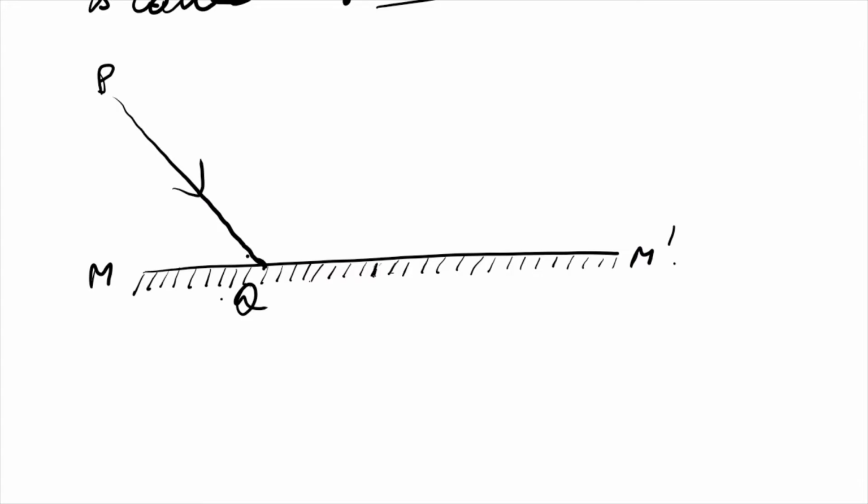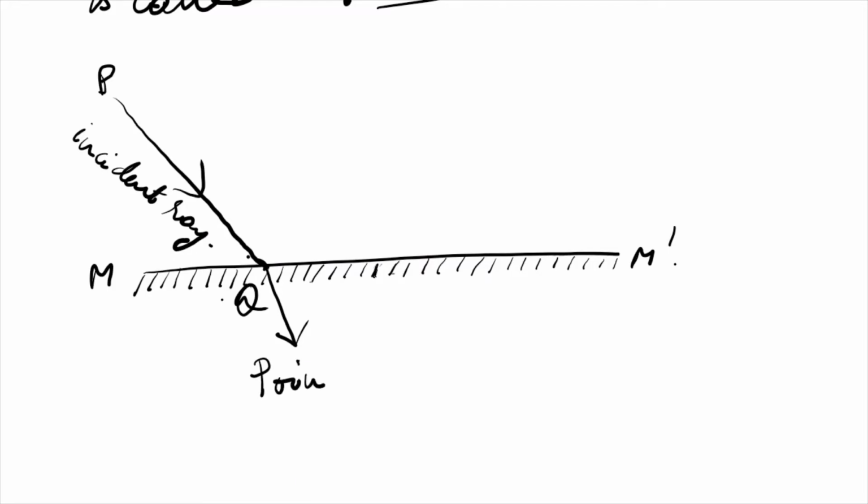And this ray of light PQ is called incident ray. Now, when a light ray PQ is incident at a point Q, then this point Q is called point of incidence.